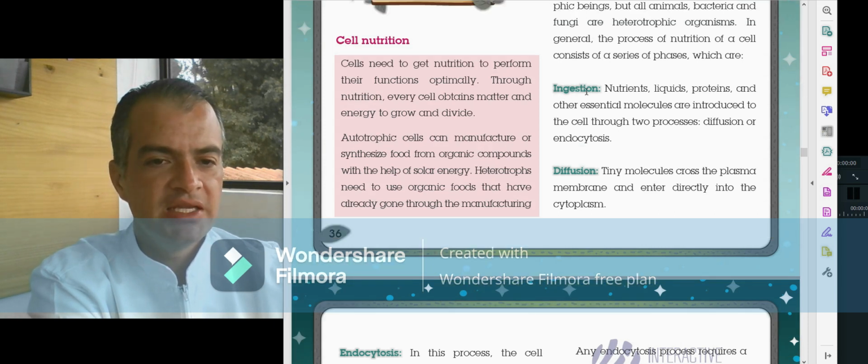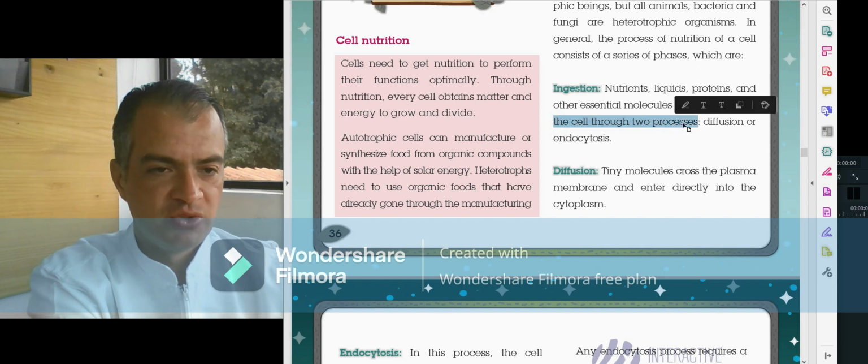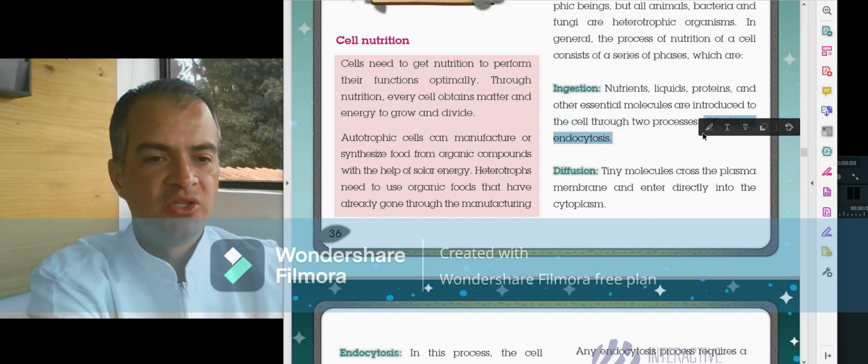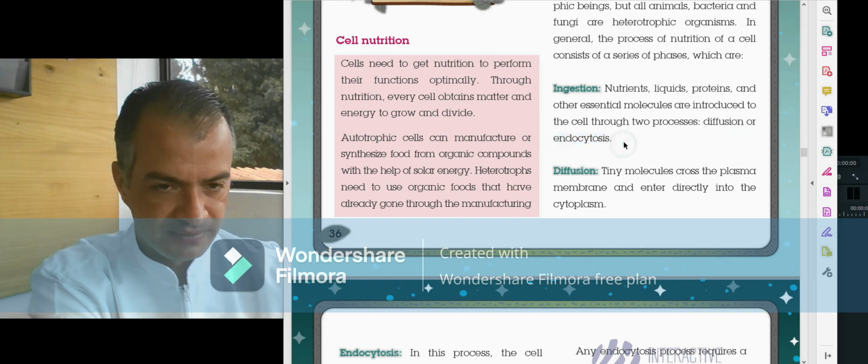Entonces tenemos ingestion, ingestión. Nutrients, liquids and proteins and other essential molecules are introduced to the cells through process. Los nutrientes, los líquidos, las proteínas y otras moléculas esenciales son introducidas dentro de la célula a través de dos procesos: diffusion or endocytosis, la difusión o la endocitosis.